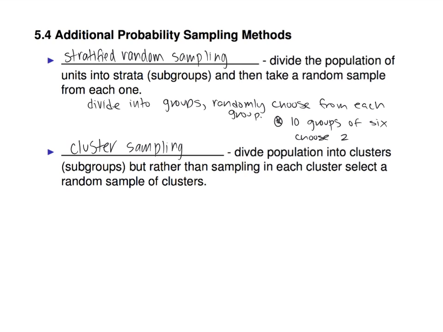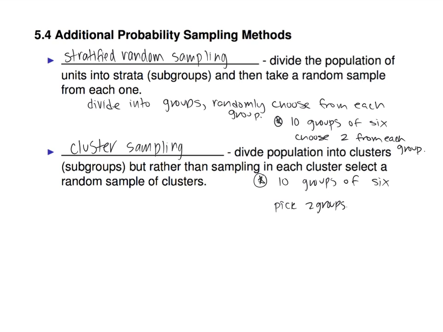Choose 2 from each group. That would be an example of stratified. Cluster sampling is we gotta make 10 groups of 6. And then I pick 2 of those groups. Does that idea make sense?